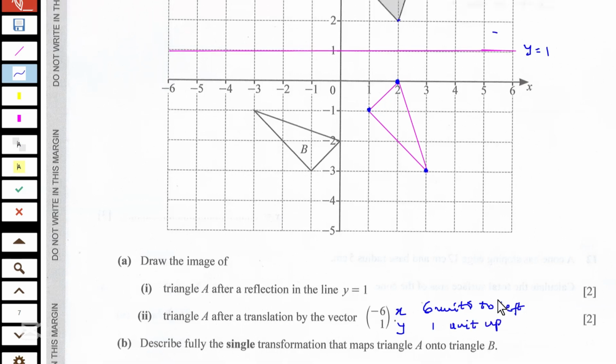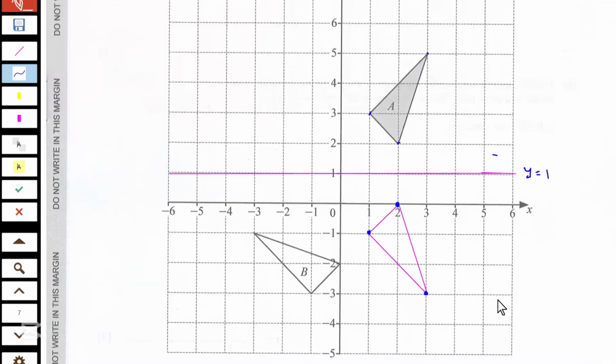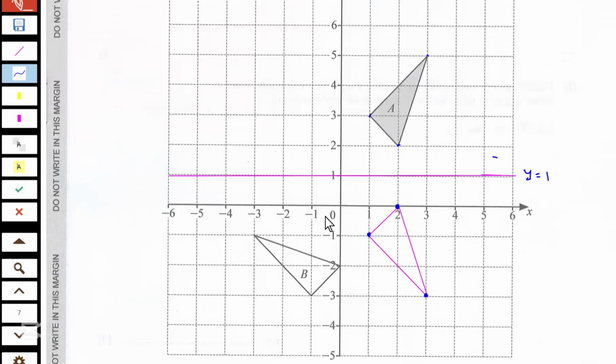So let's go back to the diagram. From the object, I'm going to start from one of the vertices here. I'm moving -6 means that we're moving on the x-axis towards the left-hand side by 6 units. So we're counting 1, 2, 3, 4, 5, 6.